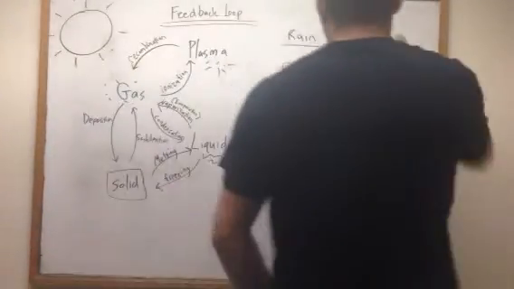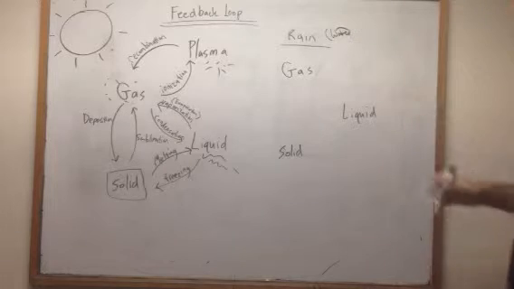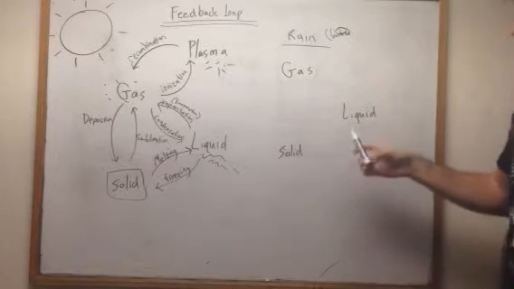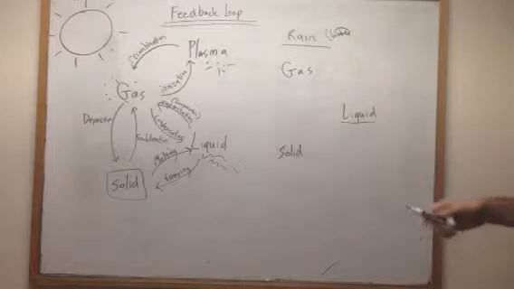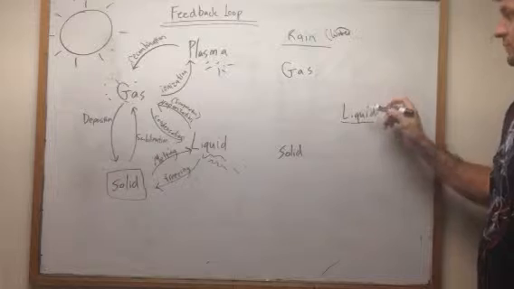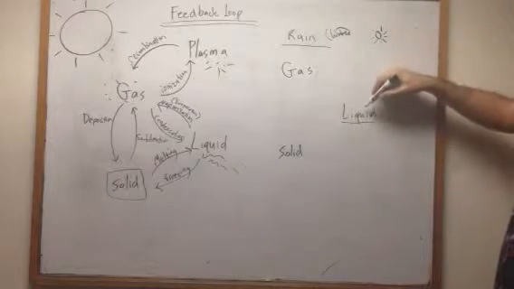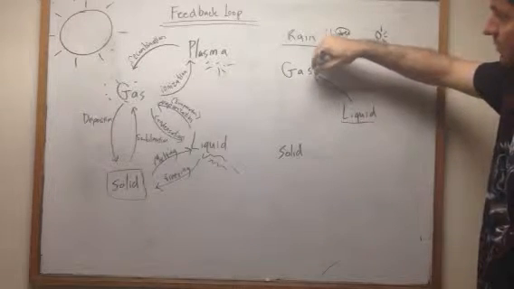For instance, you have rain, which is water. The feedback loop in this case would be, we'll start with liquid for this example. Something heats it up, which is the sun, and then the liquid vaporizes, so it becomes gas, right?